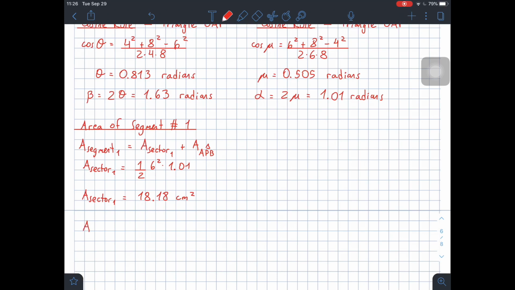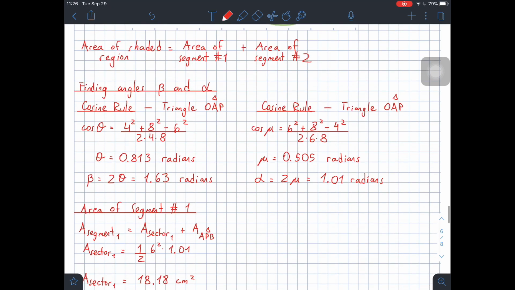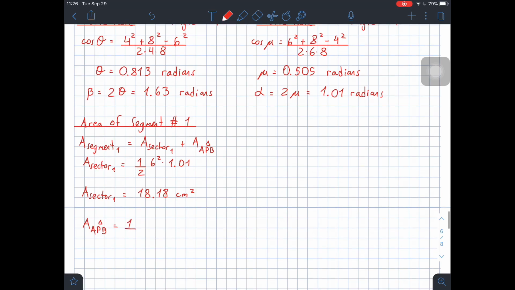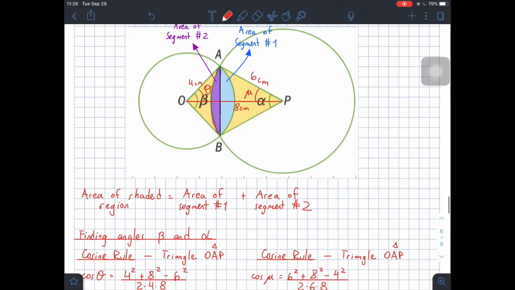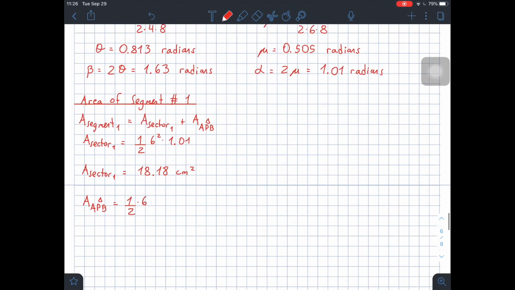So area of triangle APB, remember the formula, is 1/2 times the adjacent sides, which are both 6 and 6, right? Because we're talking about radius. So times 6 times 6 times sine of alpha, which is 1.01.